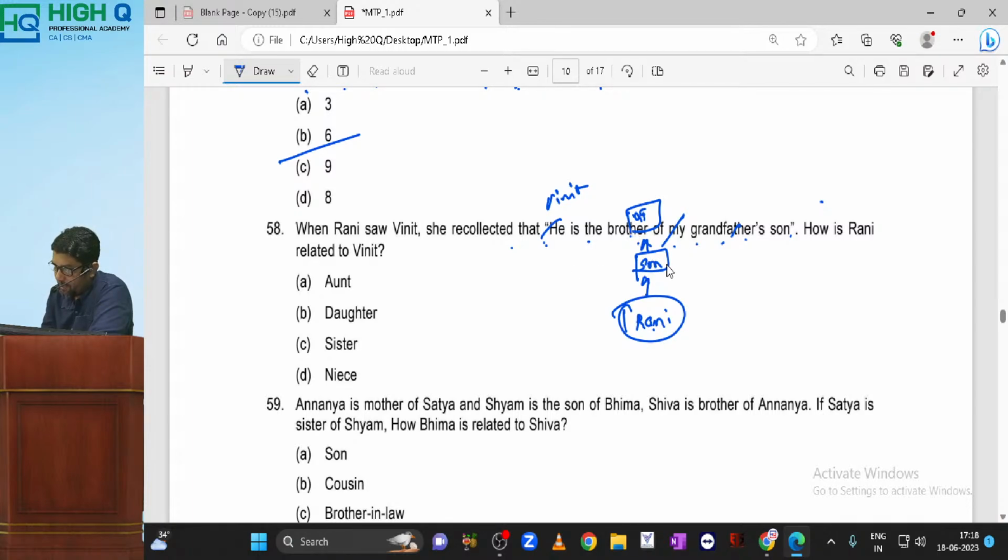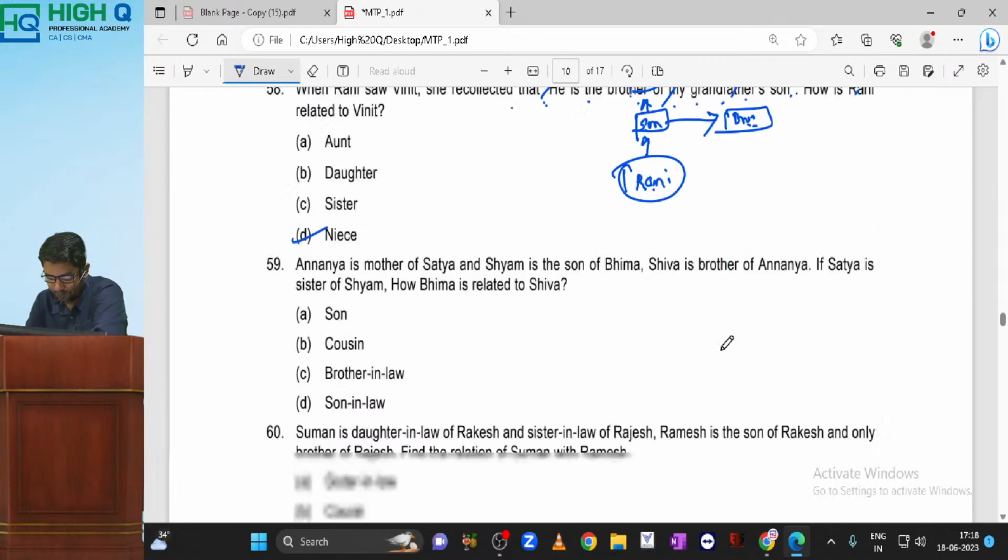Next one is his brother. So this is a person now, who is nothing but Rani's father's brother only. How is Rani related to Vinith? Niece. From Vinith's point of view, Rani is niece. You need not get confused because the uncle option is not there. If the uncle option is there, then you might get confused. Next step.